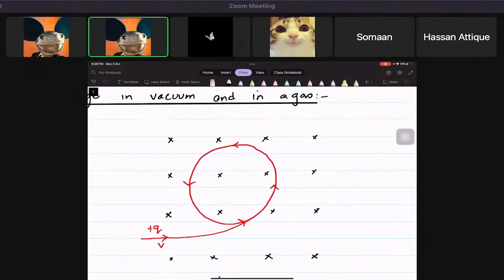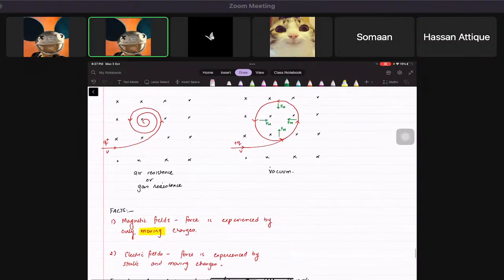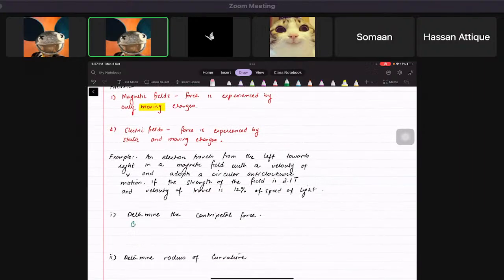And the force that enables it to do so is the magnetic force that is always present and is acting at right angles to the direction of its velocity, that contributes to the centripetal force that causes it to move in a circle, right? So that would mean that actually the centripetal force would be equal to the magnetic force that is acting on a charge that is moving in a circle.